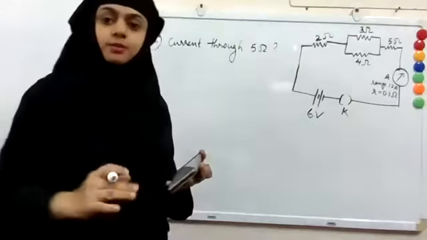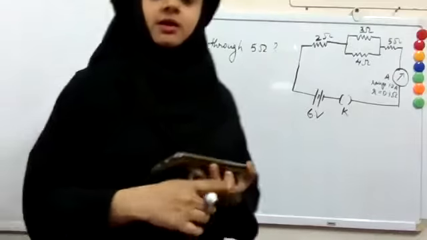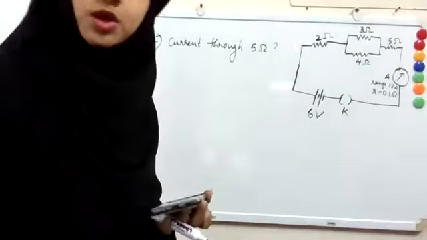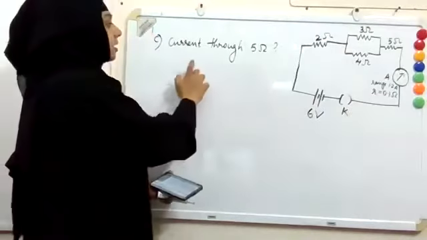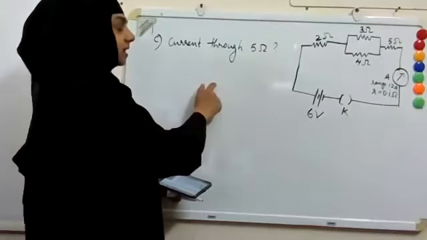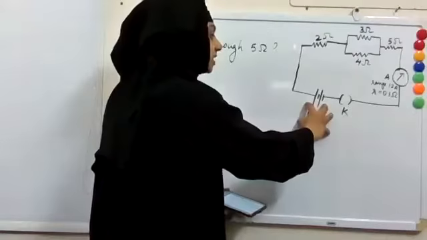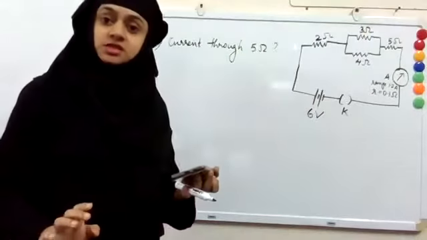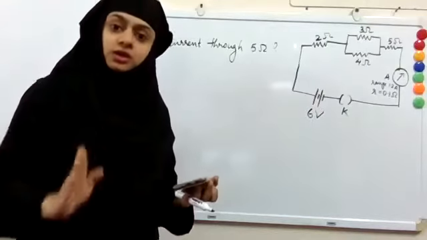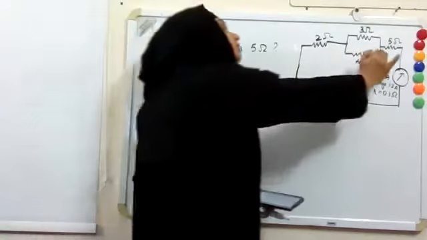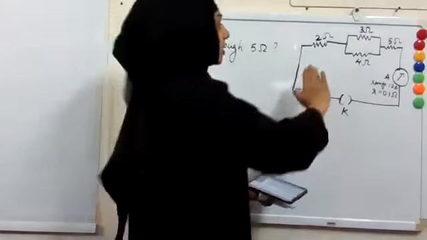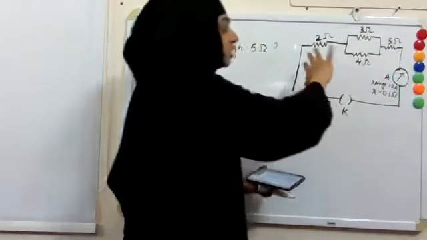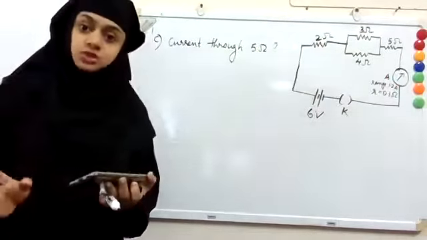Now here, many of you have calculated using Ohm's law, I is equal to V by R, and you have taken V as 6 volt and directly taken 5 ohms as the resistance. You can do that only if the circuit contained only the 5 ohm resistance, because there are many other resistances in the circuit. You cannot directly use Ohm's law.